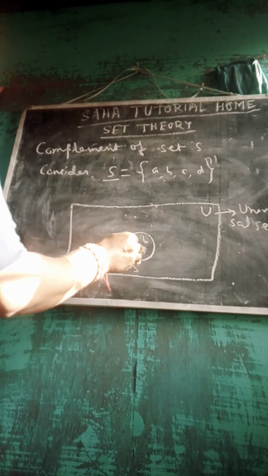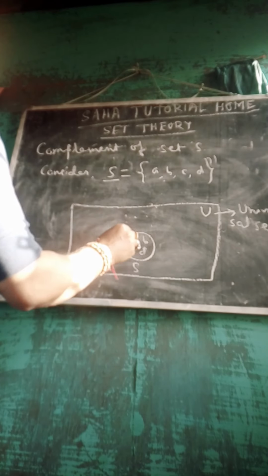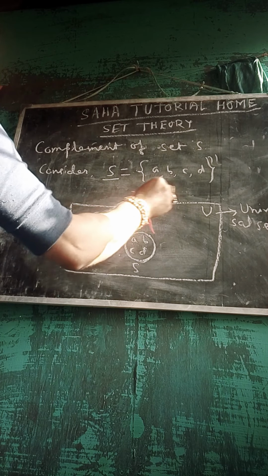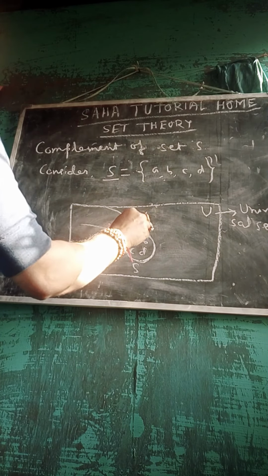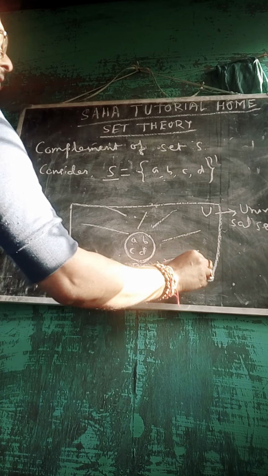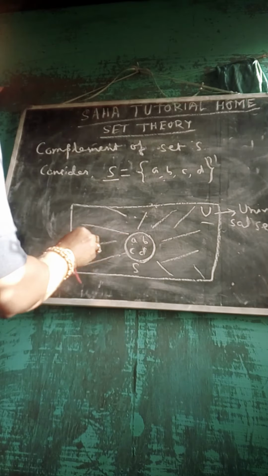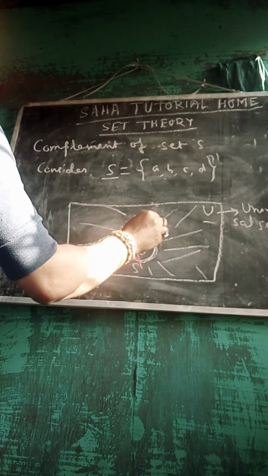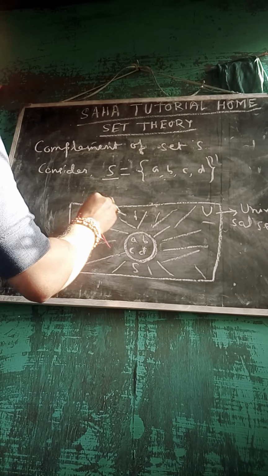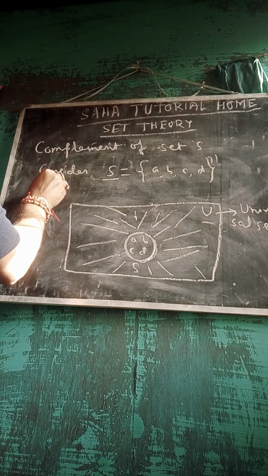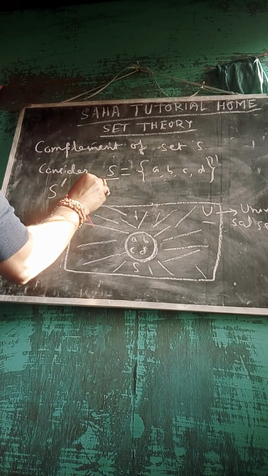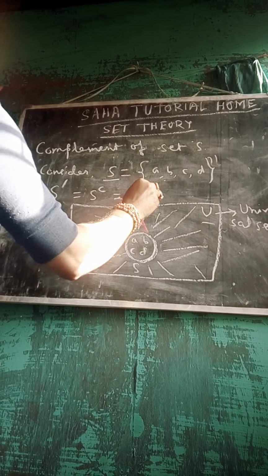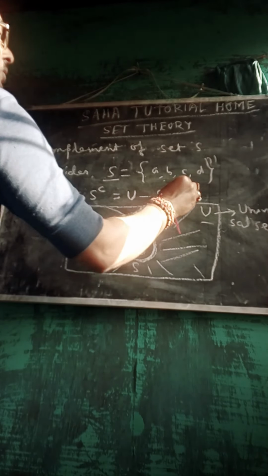So S complement will be, if we leave this area, cut this area, and take the rest of the paper or rest of the area, it is called the complement of S. All these sets, leaving these elements A, B, C, D, belong to the complement of S. So the complement of S, denoted by S' or S^C, will be U, the universal set, minus S. This way also.